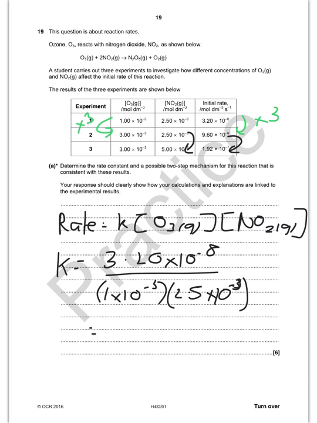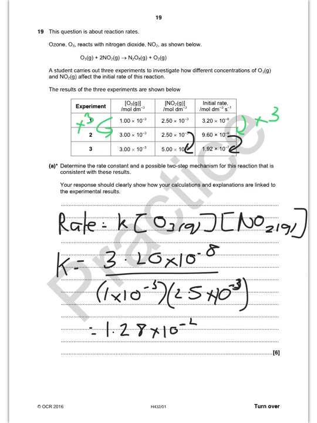And if you do that, you end up with the rate constant as being 1.28 times 10 to the minus 2.